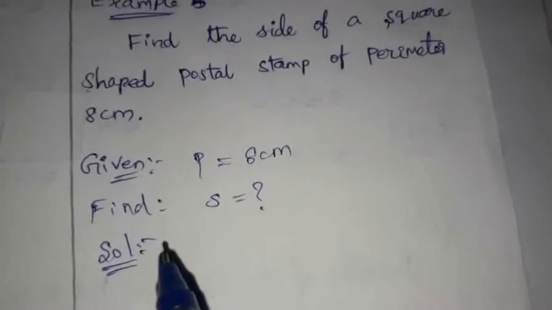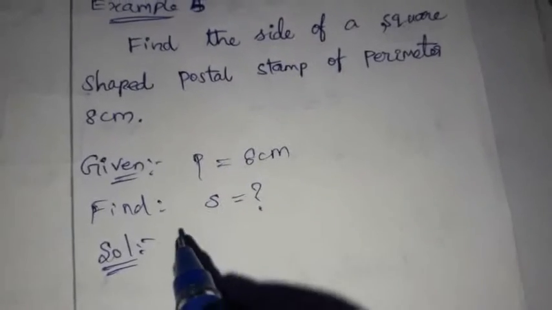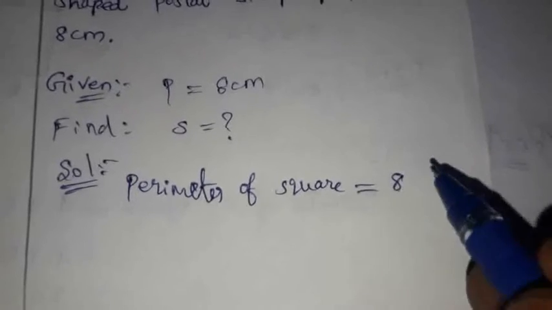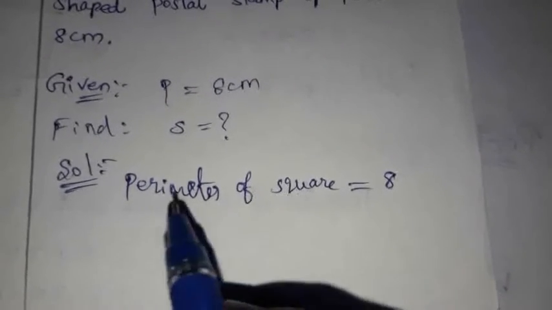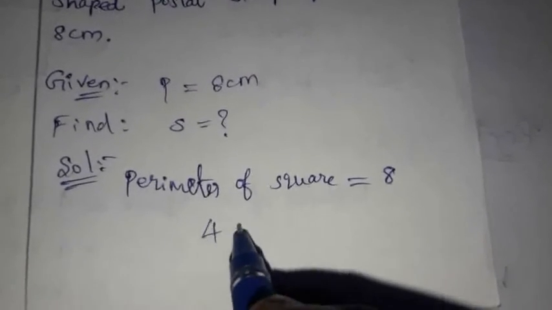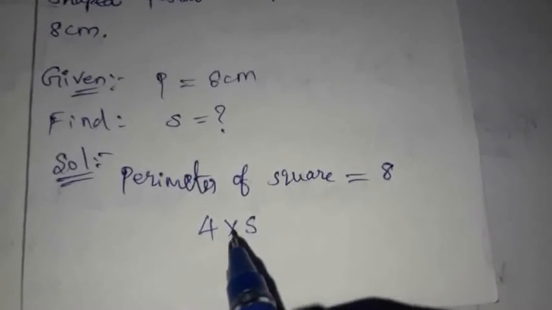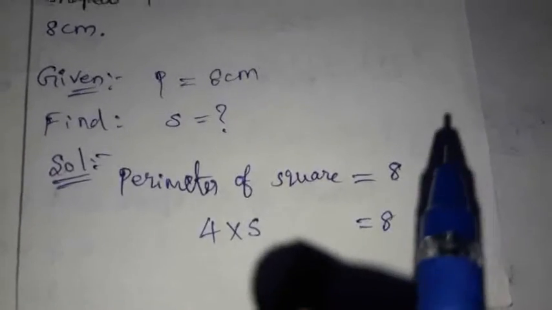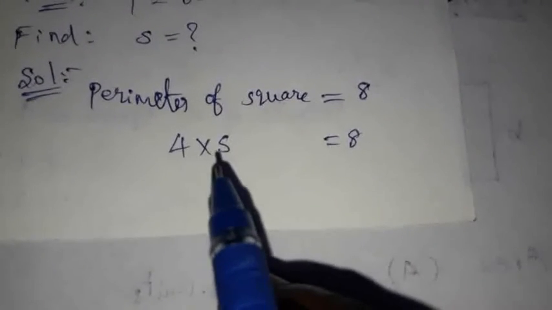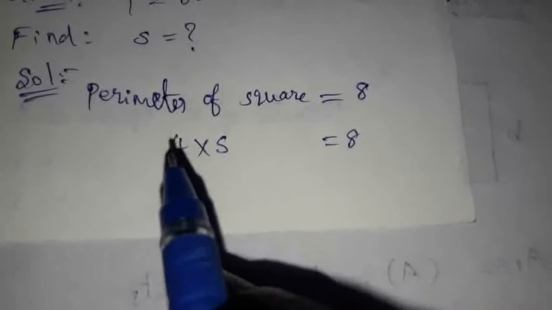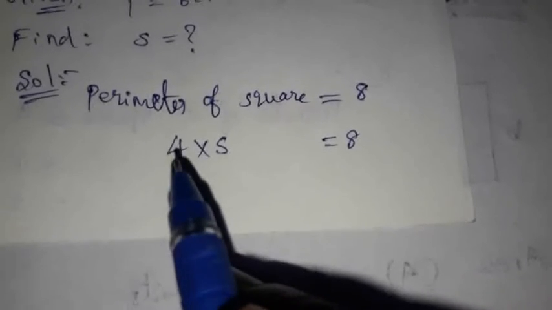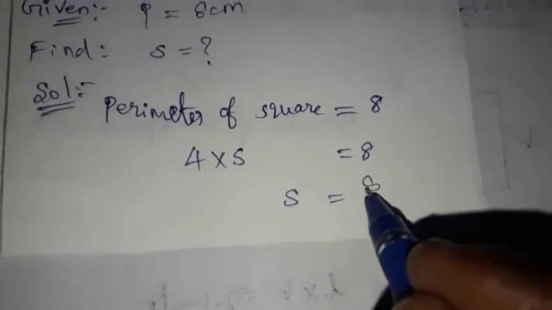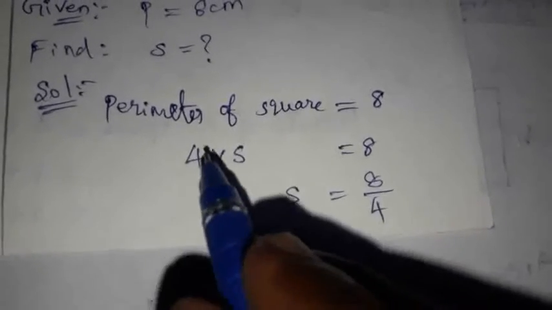Perimeter is given, so we have to write the formula of the perimeter of square. Perimeter of square equal to, the value is given, that is 8. We know the formula of perimeter of square, that is 4 into S. Look at here, 4 is in multiplication with S. We are going to transpose this to the right hand side. S equal to 8 by 4, because it is in multiplication.